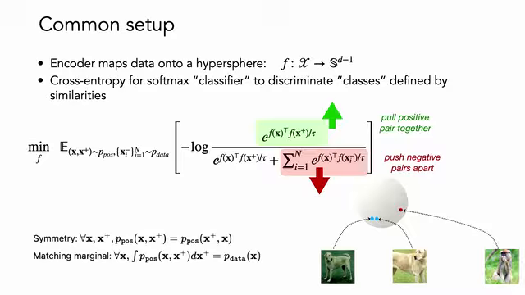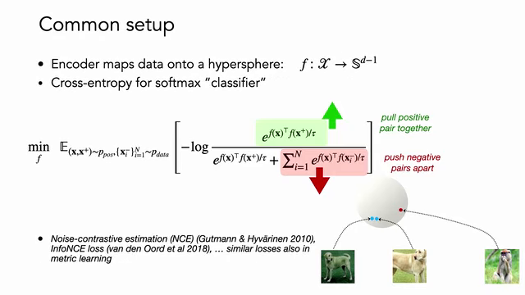And we also want to match the marginal. What we mean here is that for the distribution over all those positive pairs, if we marginalized over one of those partners, we would end up with the data distribution, the starting point distribution over the data. And a really common one is this noise contrastive estimation, the InfoNCE loss. There are a lot of similar losses in metric learning that introduce these types of ideas.